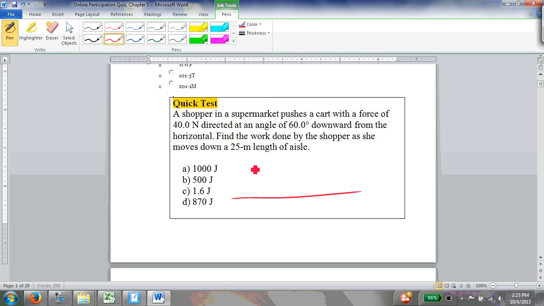All right, so here's my cart. I'm applying a force that is 40 newtons at an angle of 60 degrees, and my displacement is in this direction, and my displacement is 25 meters.